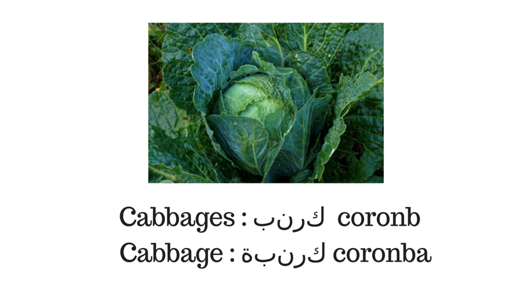The third vegetable is cabbage, which we call كرنب. One cabbage, كرنبة. A lot of cabbage, the plural, كرنب. Especially in Egypt and North Africa, and I believe also in most of the Mediterranean, we love to stuff the cabbage.